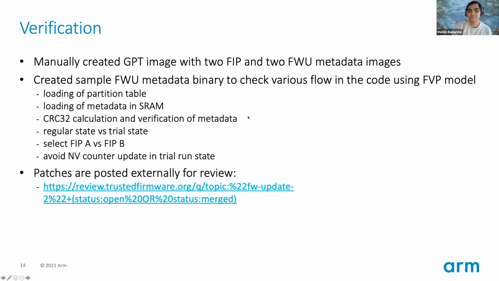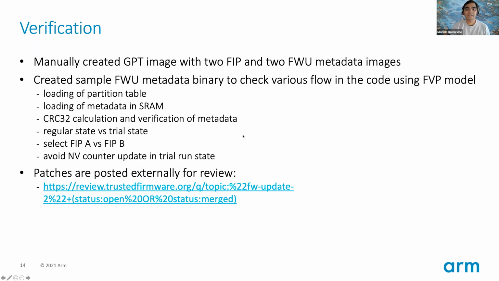So once the device booted, BL2 loads this metadata, does the CRC calculation, and checks the integrity of it. Depending upon the accepted flag present in the metadata, it sees whether to update the NV counter or not, and which image to take, whether FIPA or FIPB, is decided depending upon that active index.